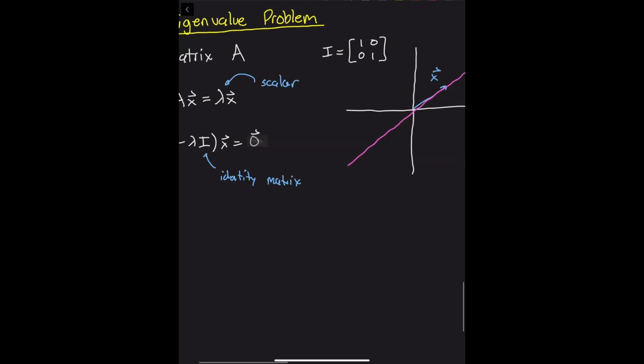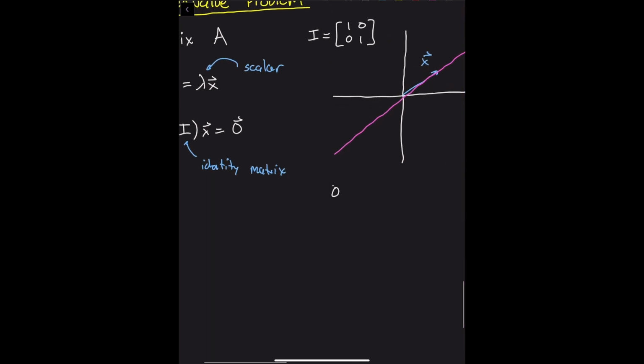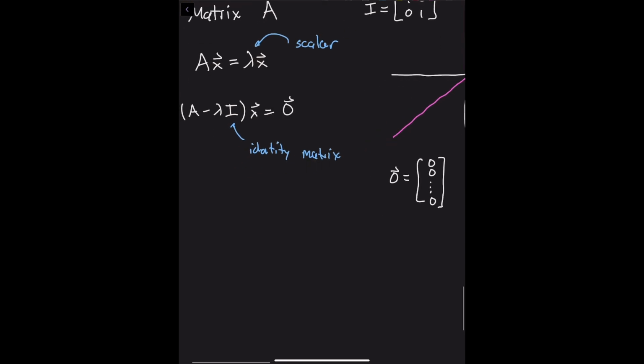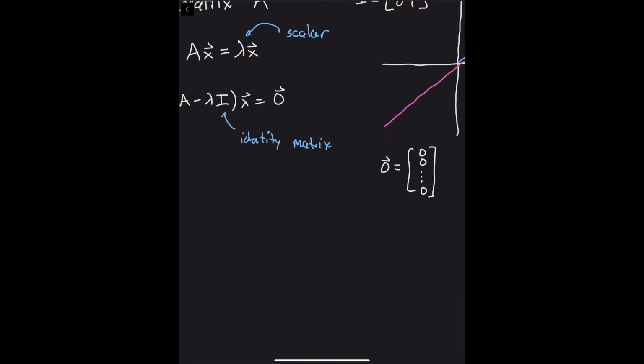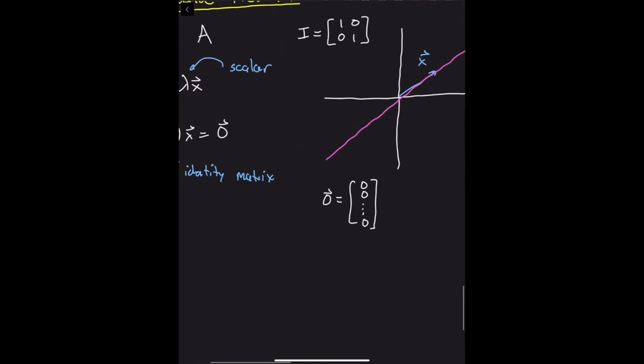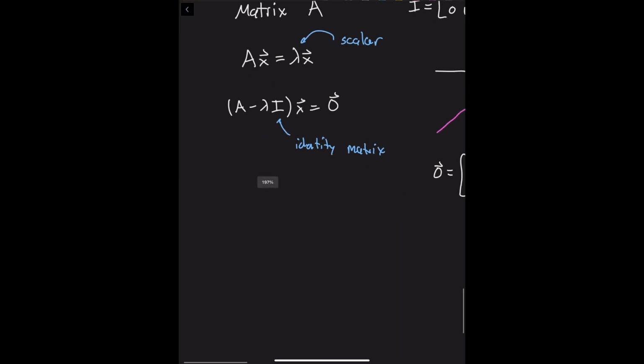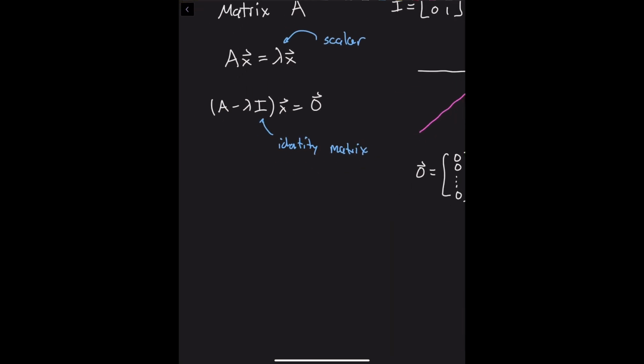I haven't talked about the 0 vector yet, but it's basically just a column of zeros. What a surprise. So it's basically every entry in that matrix is 0. And that'd be true for any matrix, not just the 0 vector. Okay.